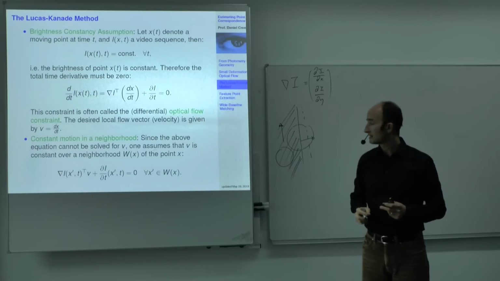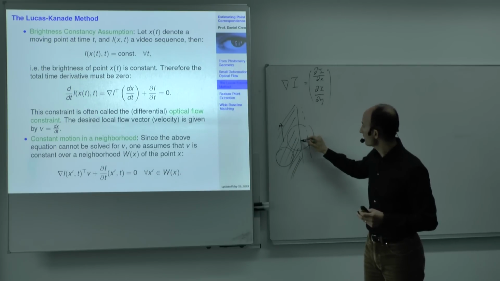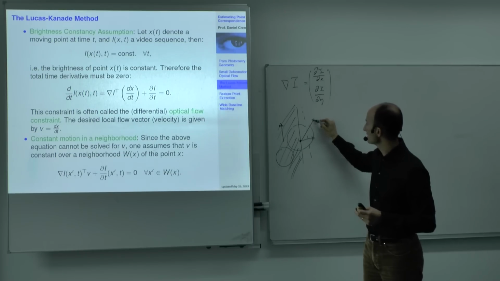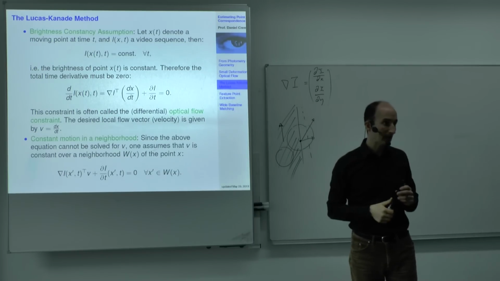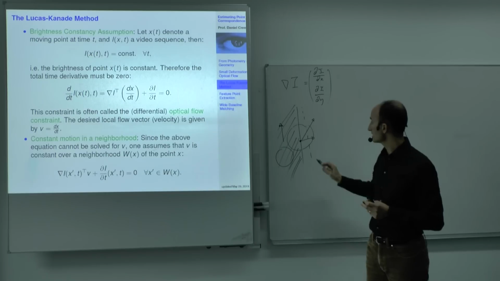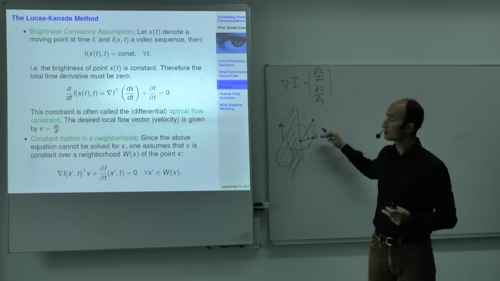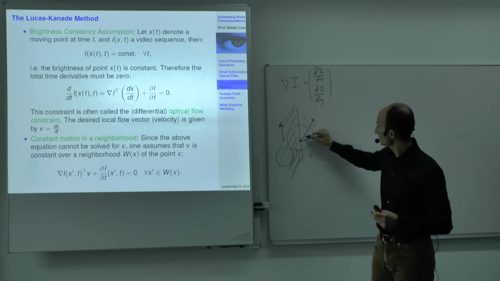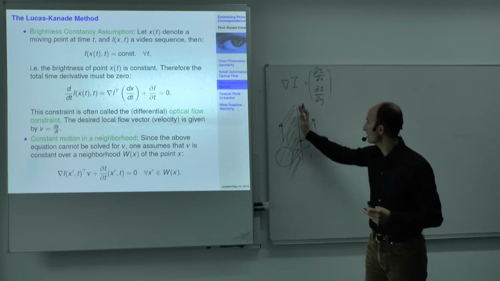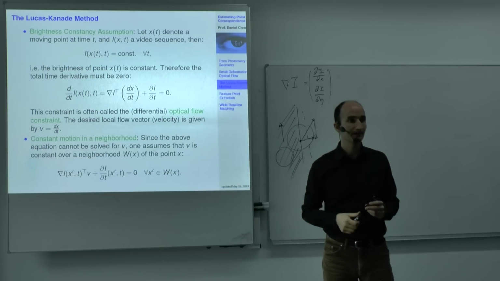And that means in general, if I have a velocity, say this point is moving in this direction, all I will be able to see of this velocity is the component of that velocity in the direction of the gradient. And the component of this velocity vector that goes along the edge, I don't see.